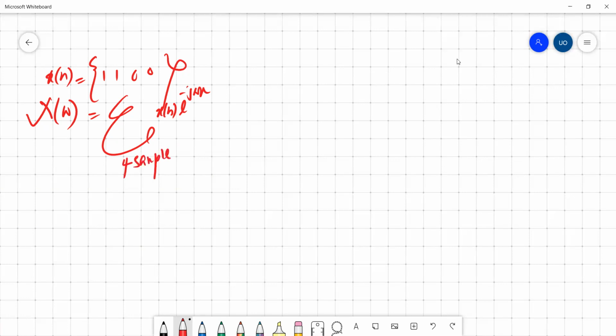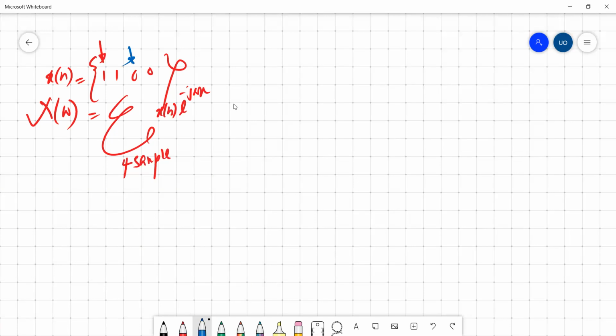Here we don't know where this sequence is starting from. Depending on that, this may be single sided or double sided. For example, if this is the starting point, this becomes single sided. If your reference is somewhere here, you have both sides. According to that, you can just have this summation.